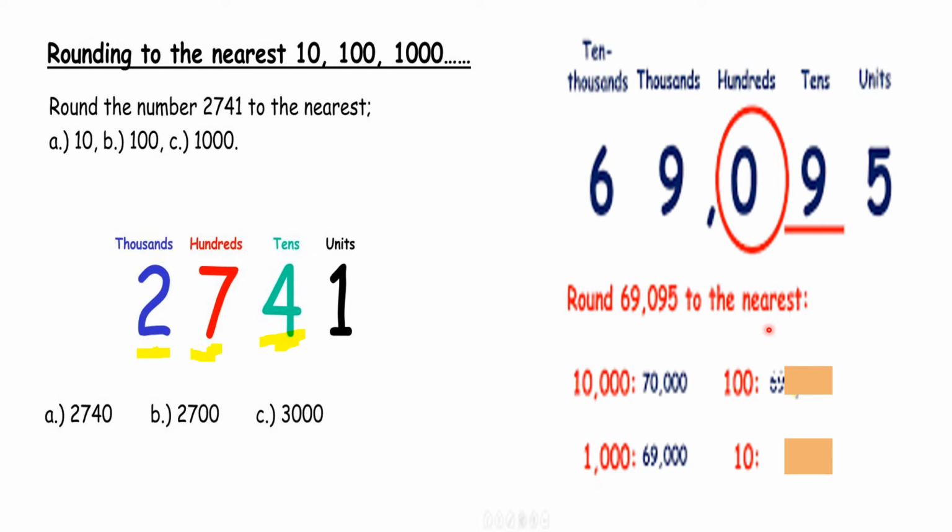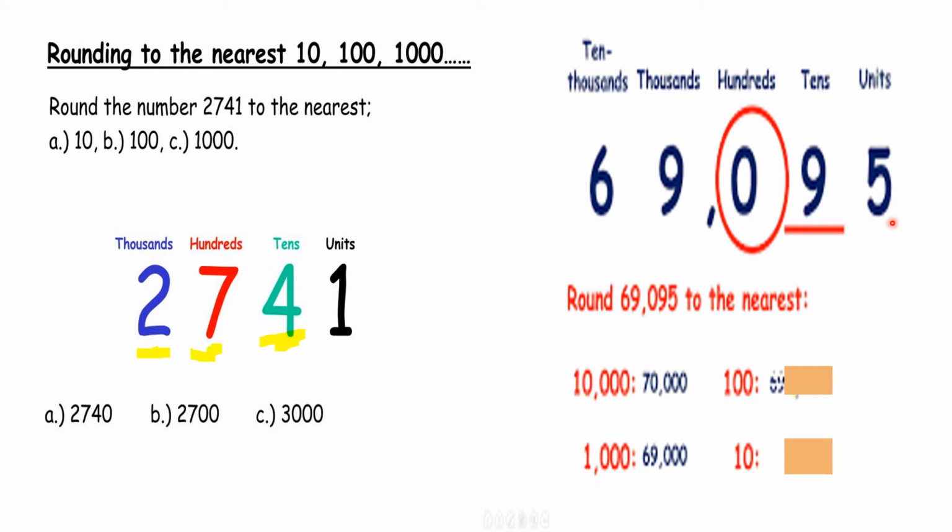And if I am rounding it to the nearest 10, I am going to highlight 9 and look at the digit to the right. If it's between 5 and 9, plus 1 to the 9. In this case, just focus on this. This is a little bit tricky. Rounding to the nearest 10 means I am looking at the tens place, which is 9, and look at the digit to the right.